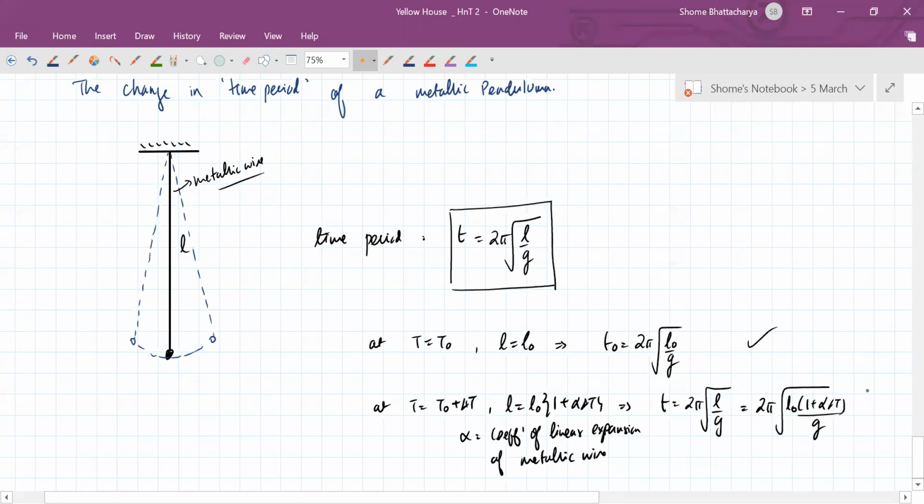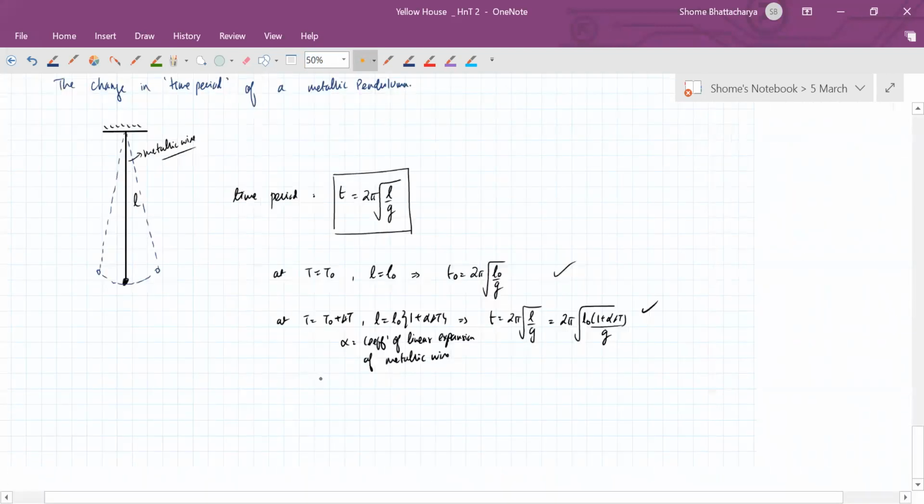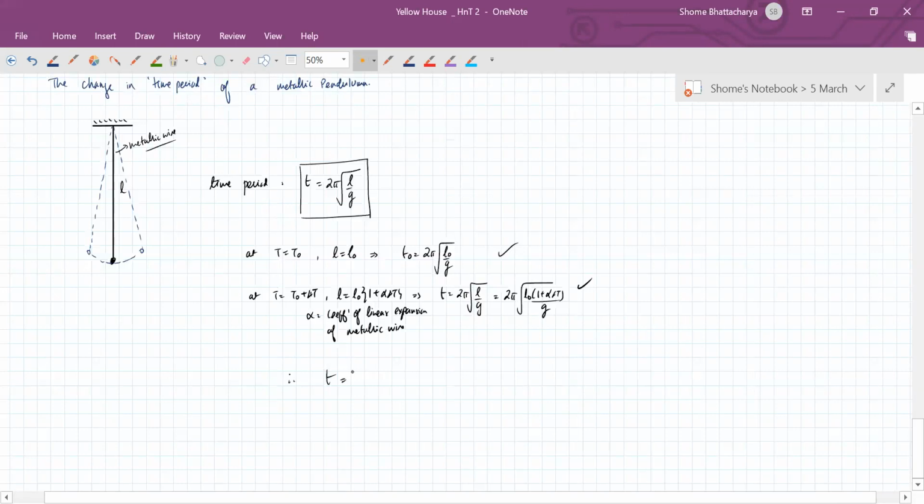now if you compare this and this, you can see that... Okay. Now this is where again we can bring in the binomial approximation.